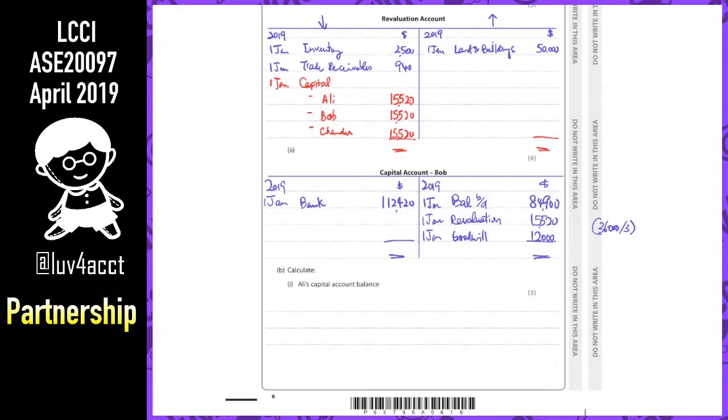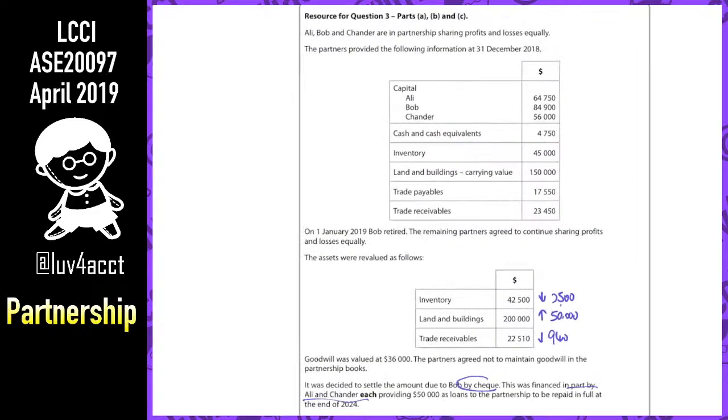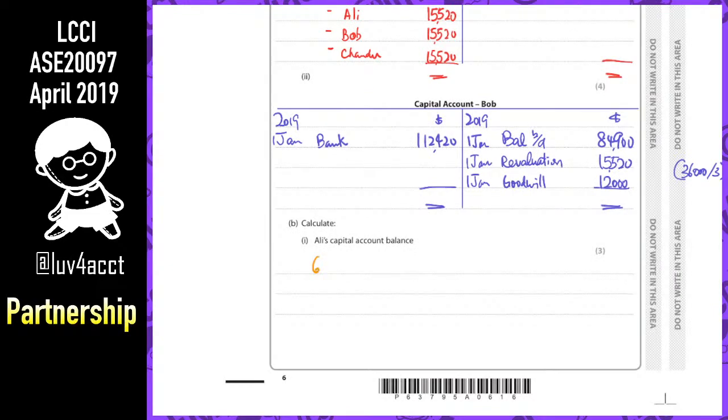Okay, so next would be Ali's capital account balance, and we have to look back at how much Ali had in the first place. 64,750. Okay, so 64,750 opening balance. And we have the revaluation gain 15,520, and then also the goodwill adjustment. This is the creation of goodwill.